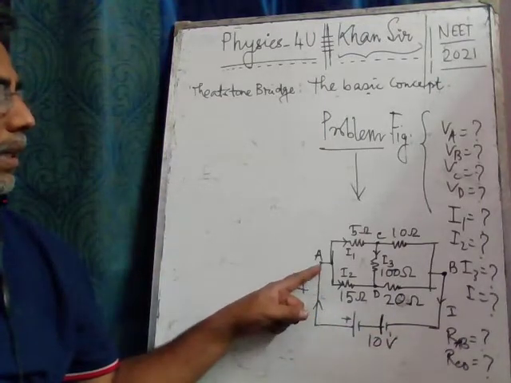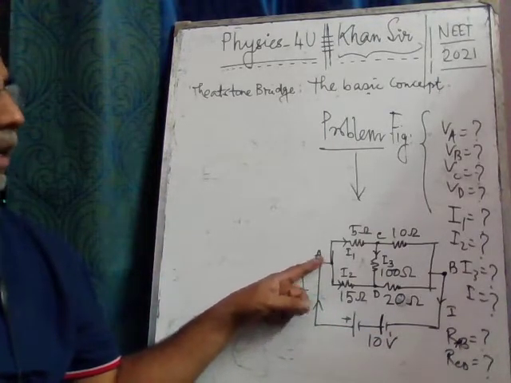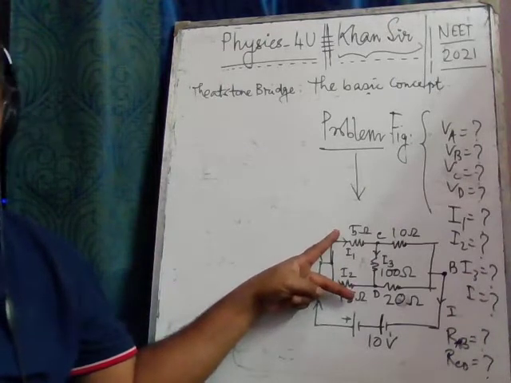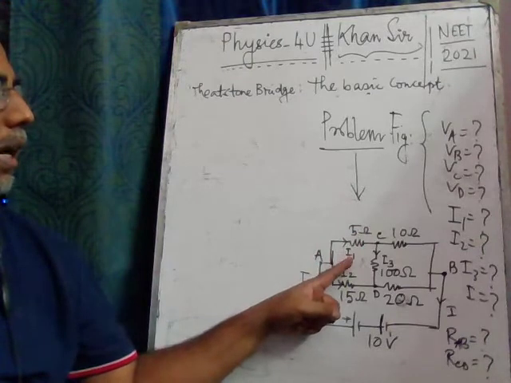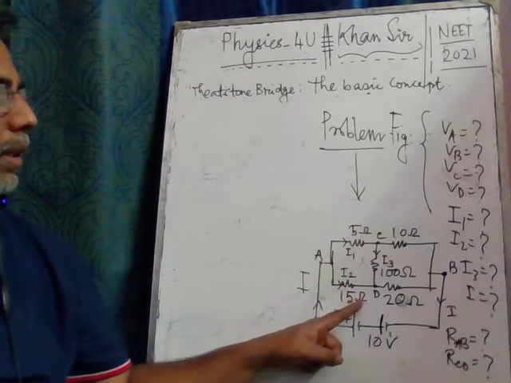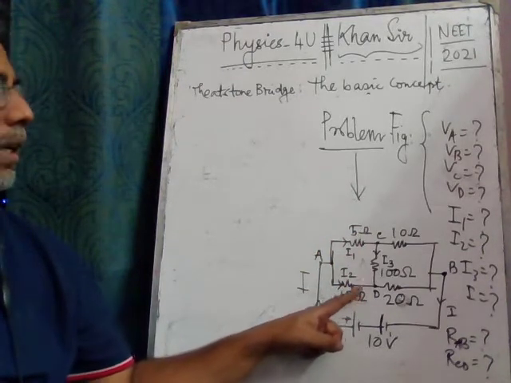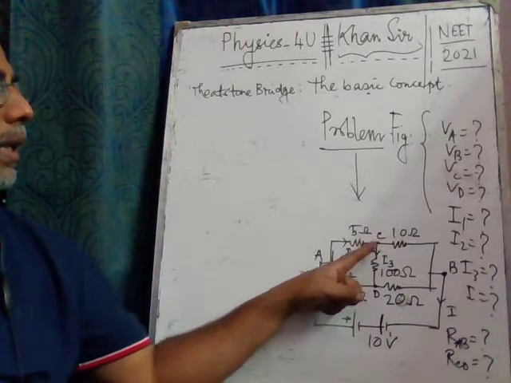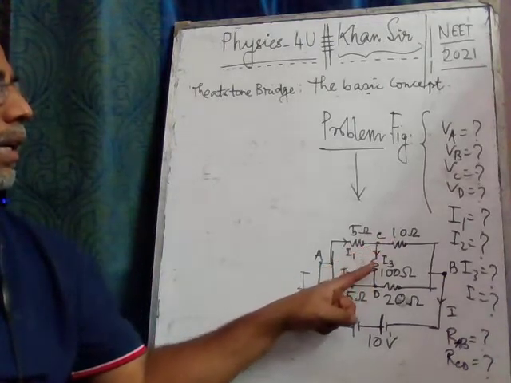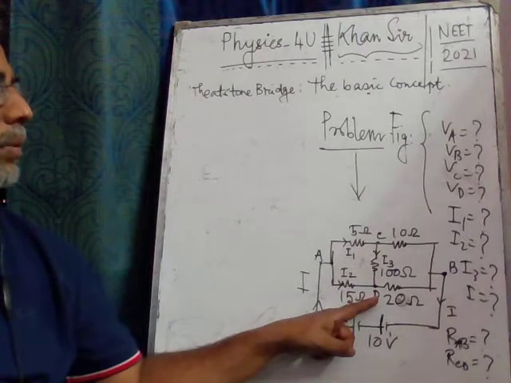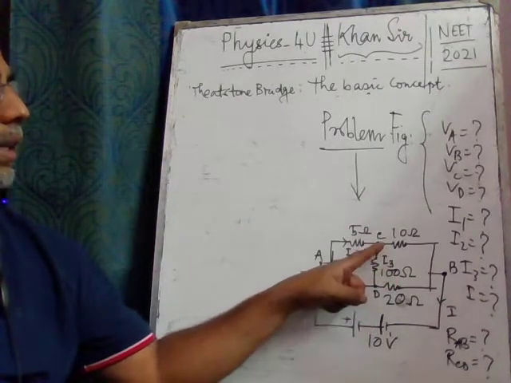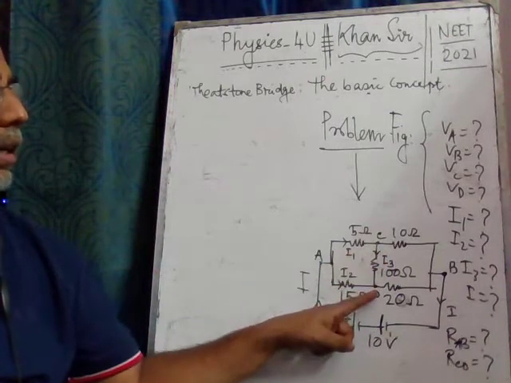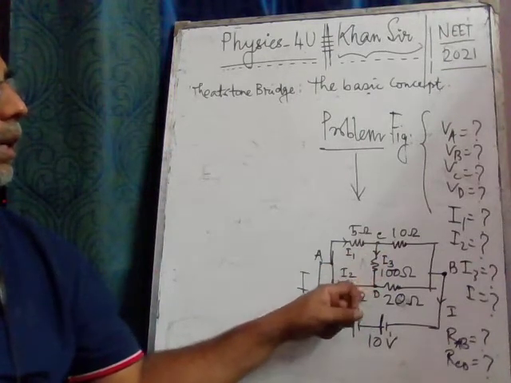At the junction A, it is divided into two components. One passes through the 5 ohm resistor, say I1, and the other passes through the 15 ohm resistance, say I2. And there is a point C, and another network there. The resistance between C and D is connected as 100 ohm, and let the current through that branch be I3. Clear?